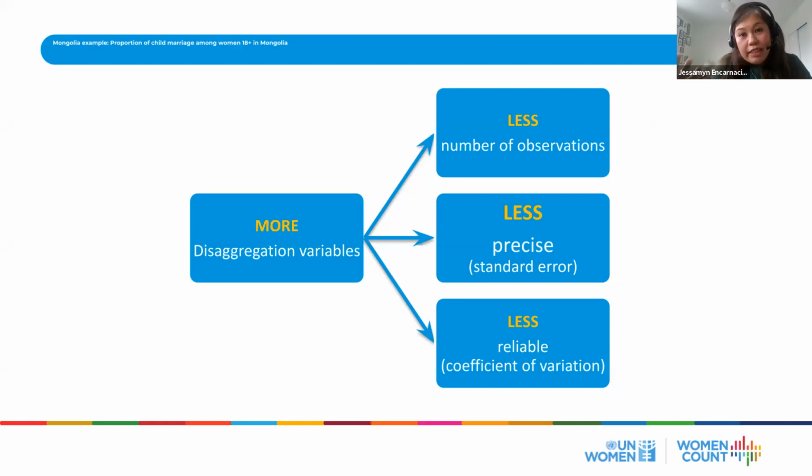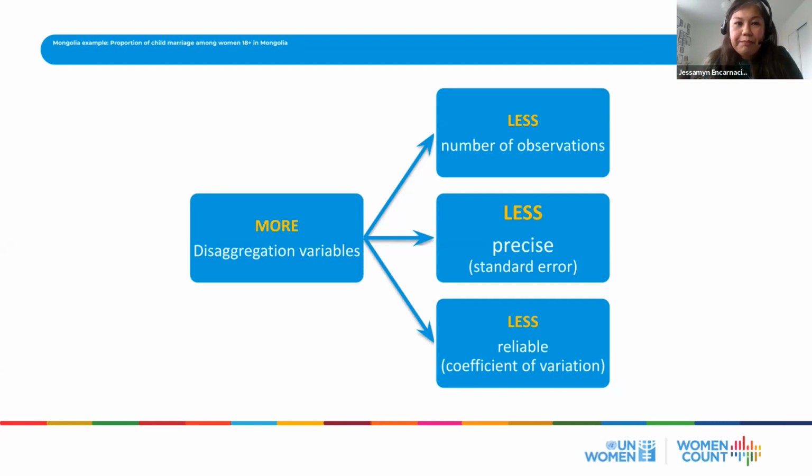Of course, more disaggregation variables come with fewer observations, and with fewer observations, we increase the likelihood that these numbers are less precise as measured by the standard error, and less reliable as measured by the CV, or coefficient of variation.